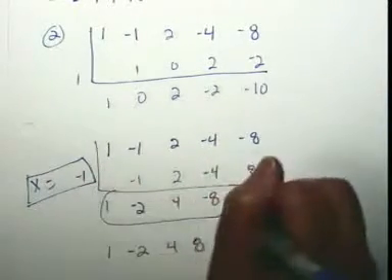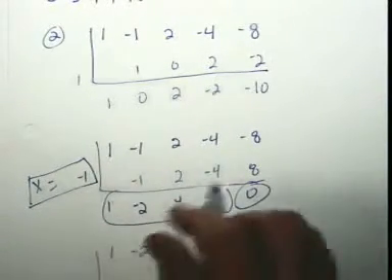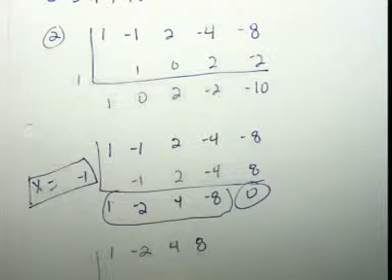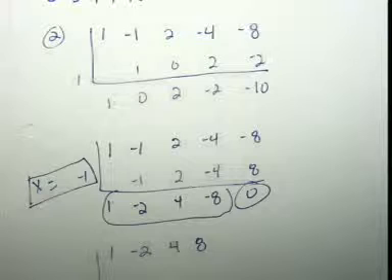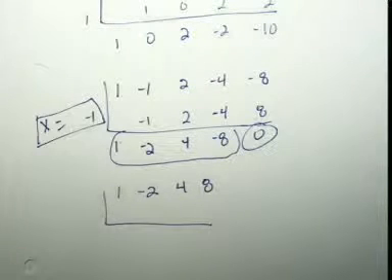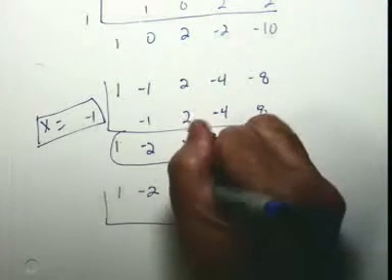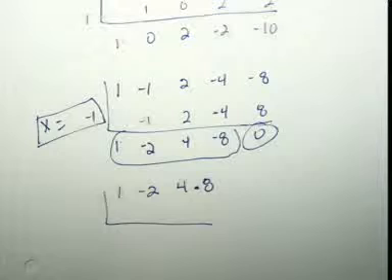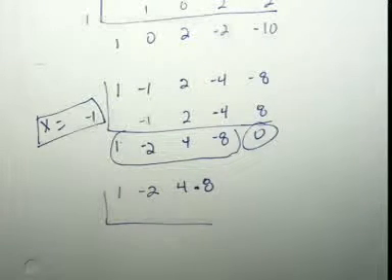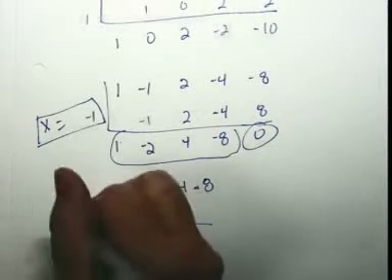But as soon as I find a remainder of 0, don't ever go back to the original equation. You should try -1 again. But -1 did not work again, so I'm going to try 2.